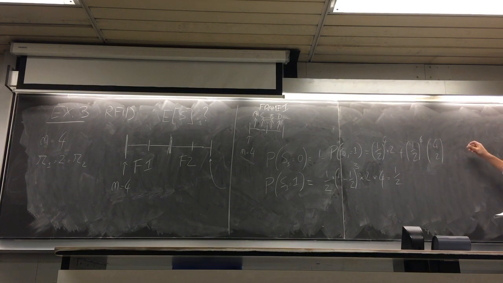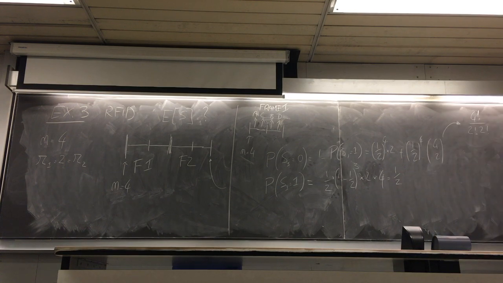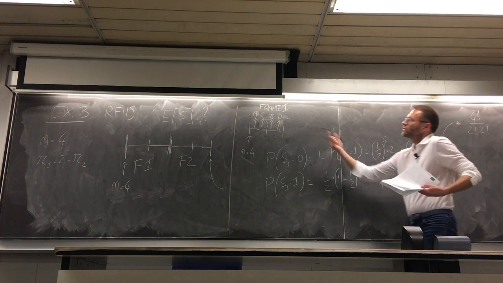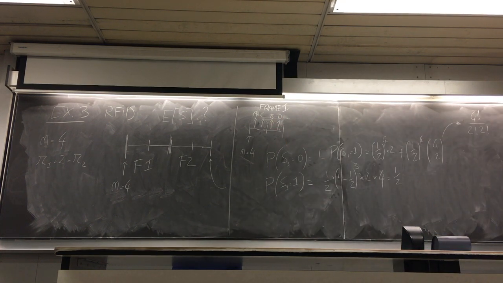Okay, so this writing means 4 factorial over 2 factorial, 2 factorial. All the possible ways that you can take a set of 4 elements and split it in a subset of 2, which in our case is all the possible ways that 2 tags can actually collide in one single instance.